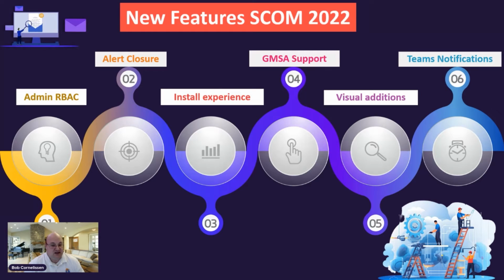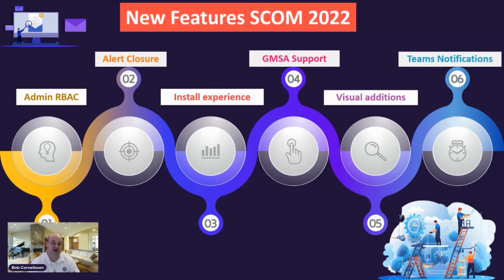For the installations, there have been improvements as well, especially while deploying to clustered SQL instances for the SCOM databases. In this version, there's also full group managed service account support from RTM going up. A number of visual changes have been done to some of the views here and there throughout the product based on the requests made by the community.